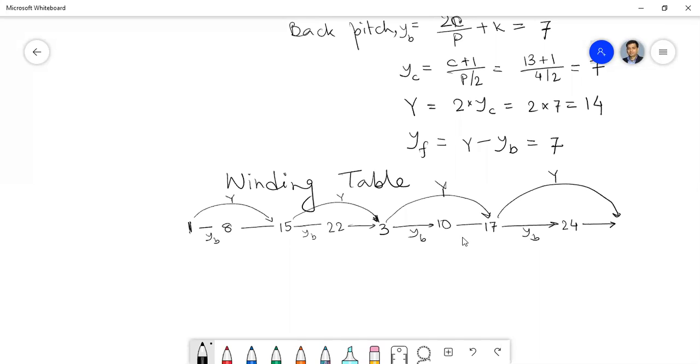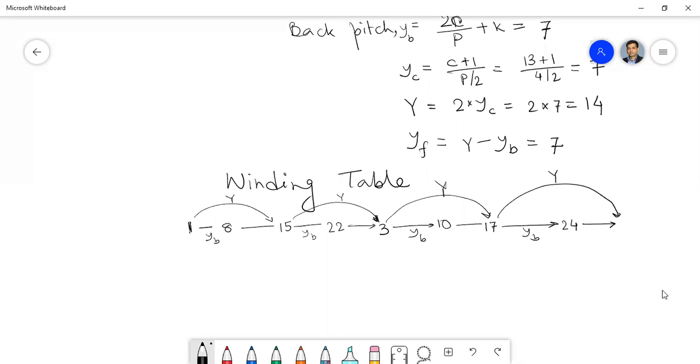Value 7. Y is 14. Now what will be the next coil side that I'm asking?